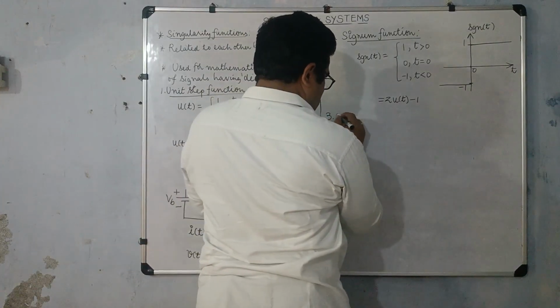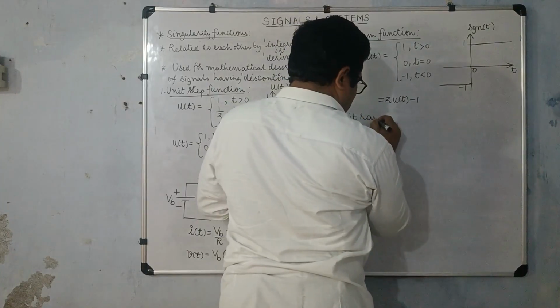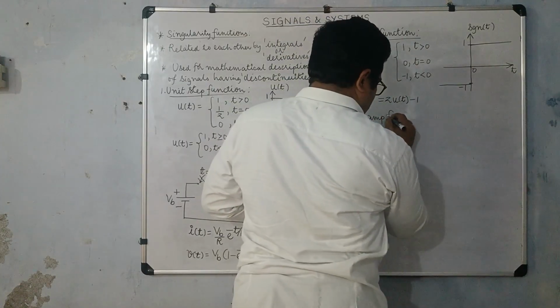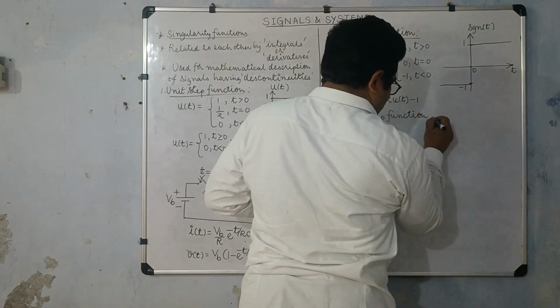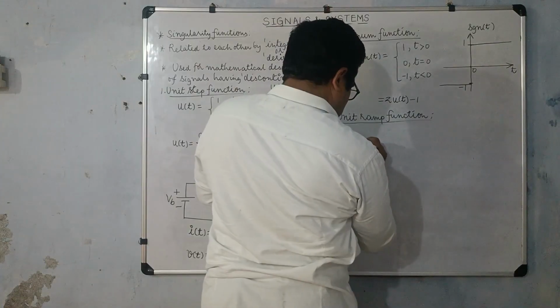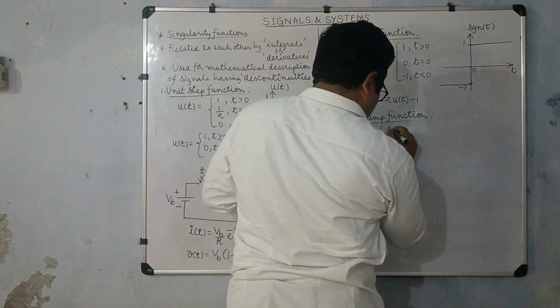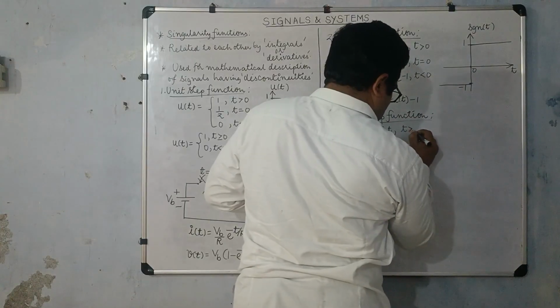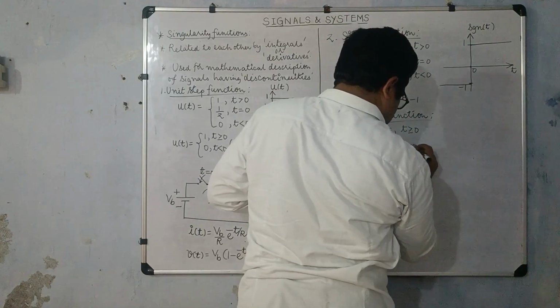The third important singularity function is the unit ramp function. The unit ramp function, represented as R of t, is equal to t for t greater than or equal to 0, and 0 for t less than 0.